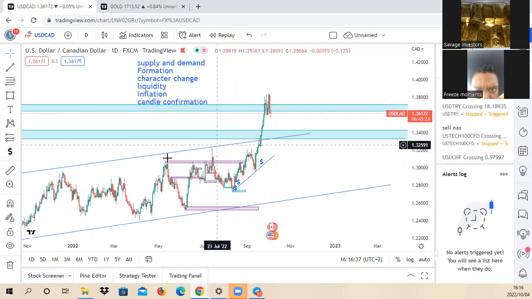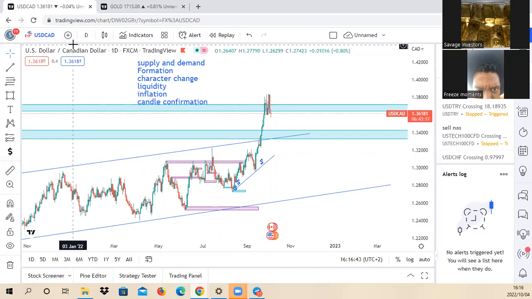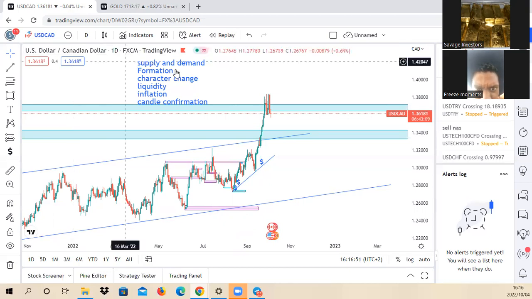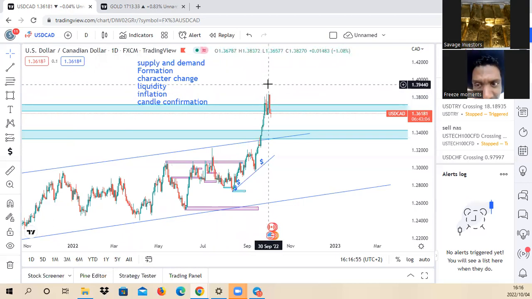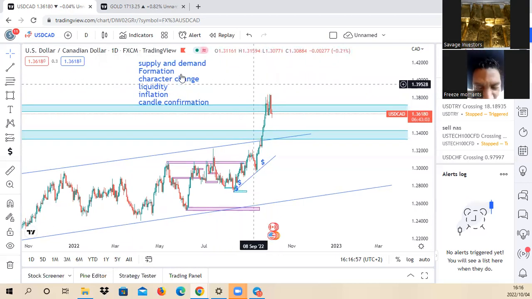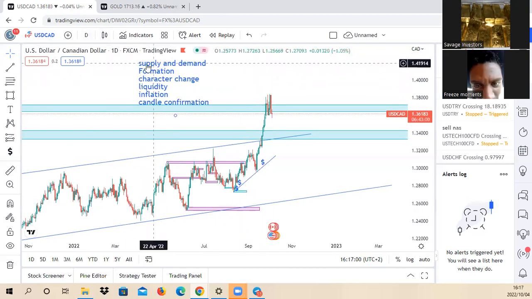So on the market, this is a daily chart. I'm going to start from the biggest frame to the smallest, just for you to see how we break it down. So from the daily, the supply and demand.